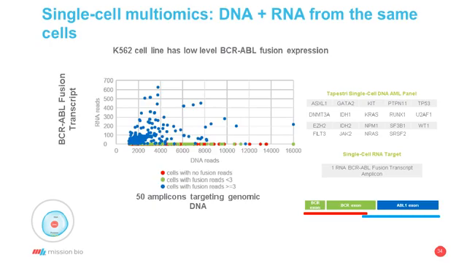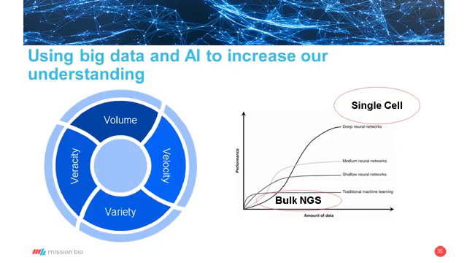So each dot here is, again, a cell, and you can see that you've got a lot of cells that have expression of both the BCR-ABL fusion transcript as well as reads that are coming from DNA that allow us to do SNP calling or variant calling at the DNA level from the same cell. Again, very early work from us, but just wanted to give you a little bit of a flavor of things that we think about, especially in the context of software that we want to develop going into the future.